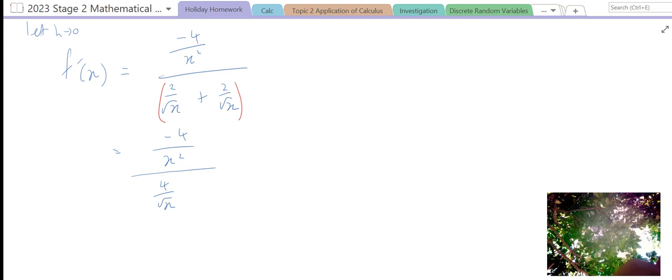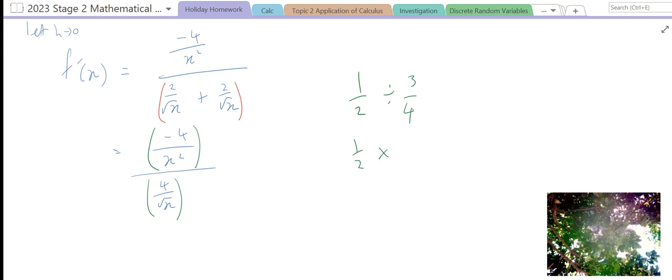All right, now what I'd like to point out to you is really, this is one fraction divided by another fraction. And you may have learnt this memory aid in middle school: keep, change, flip. So for example, if I have a half divided by 3/4, this is really the same as a half, I keep that, change that to a multiply, and flip this.